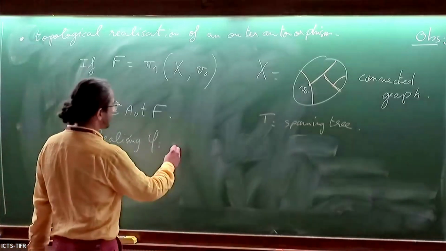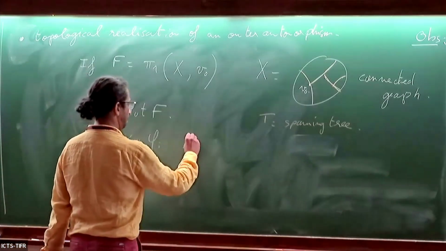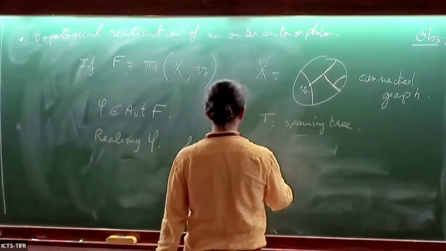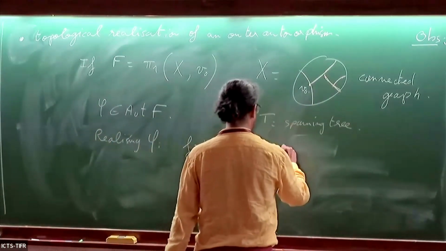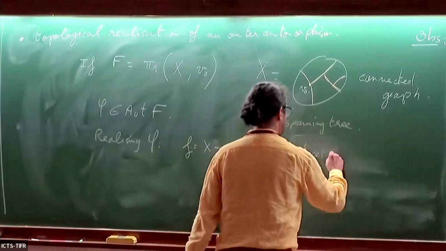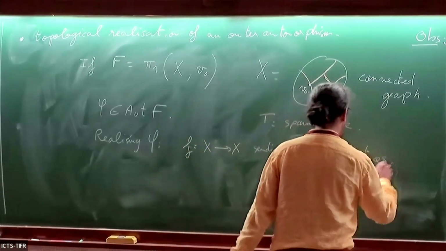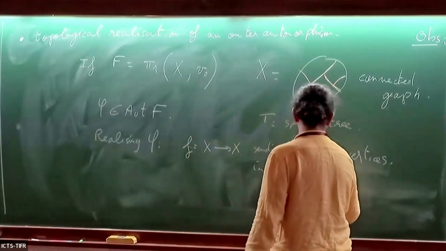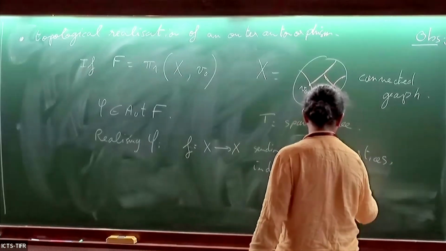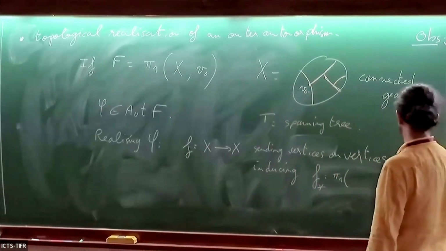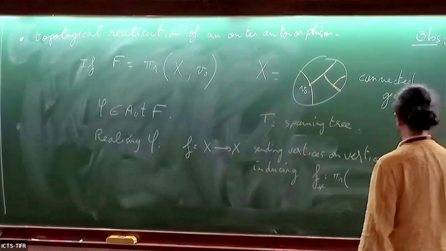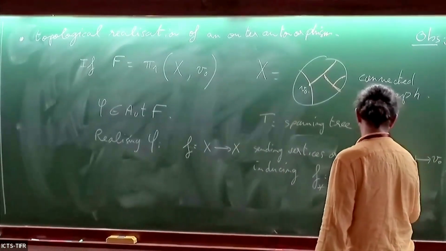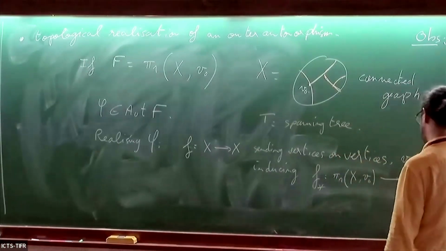So realizing phi is finding a continuous map sending vertices on vertices, sending V0 to V0, and inducing, well, the automorphism.